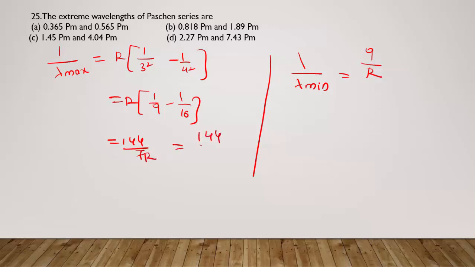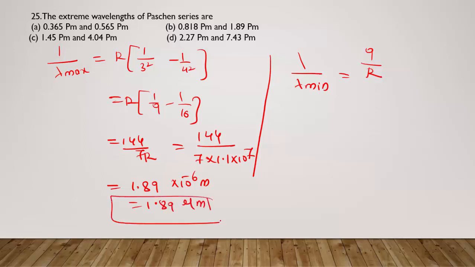It is equal to 144 divided by 7 into 1.1 into 10 to the power of 7, which is 1.89 into 10 to the power of minus 6 meter, or 1.89 micrometer. This is the maximum and the other value is the minimum.